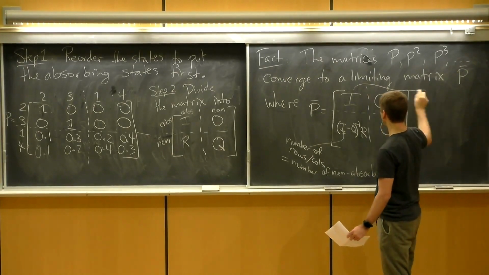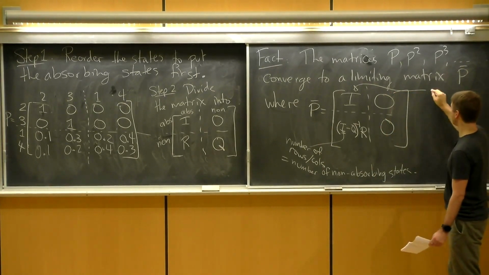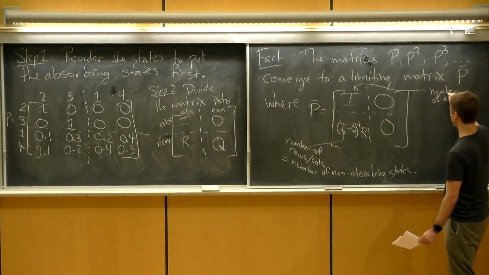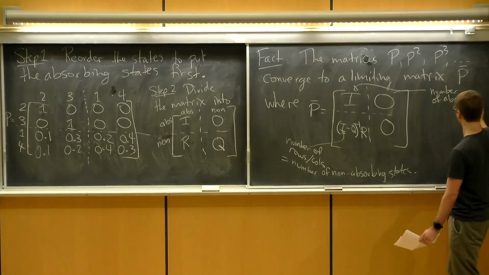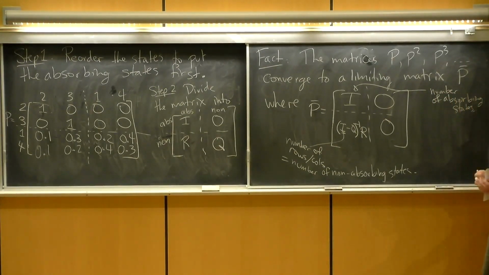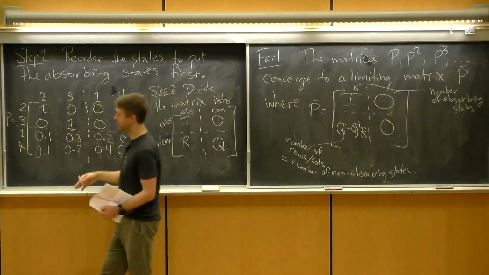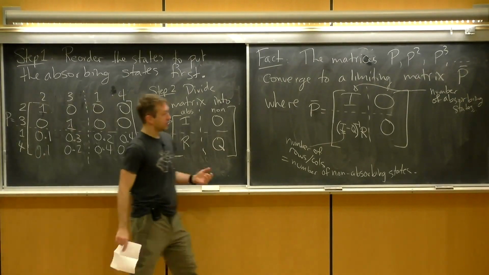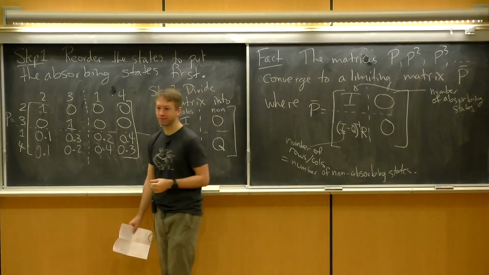And for this one, the number of rows and columns is the number of absorbing states. In this case, it's not going to matter because we've got 2 of each, but generally it could matter. Okay, so what we're going to do now is find this limiting matrix.